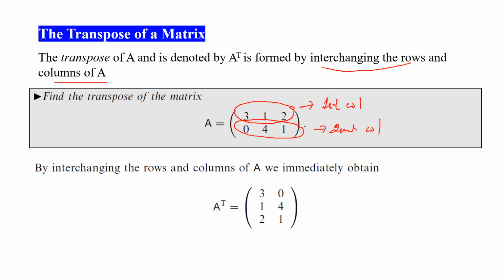So your first column will now be 3, 1, 2, and your second column will be 0, 4, 1. That is the transpose of your matrix. You just interchange the rows and the columns of A.